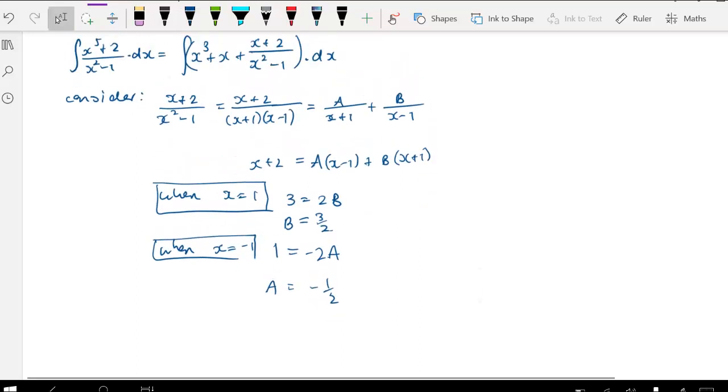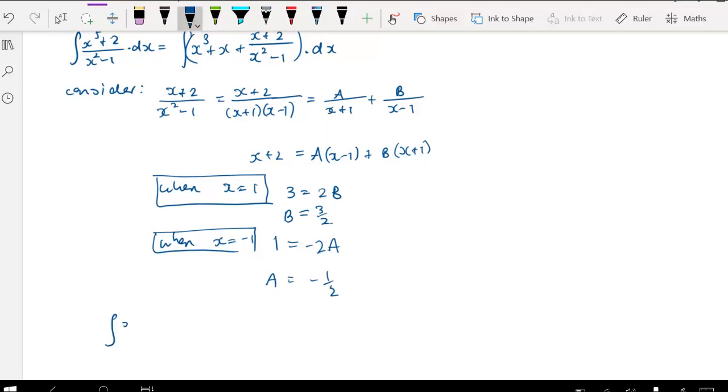So when we put this back in and we look at the integral, we have the integral of (x to the power of 5 plus 2) on (x squared take 1) dx is equal to the integral of x cubed plus x plus negative 1/2 over (x plus 1) and 3 on 2 over (x take 1), all with respect to x.